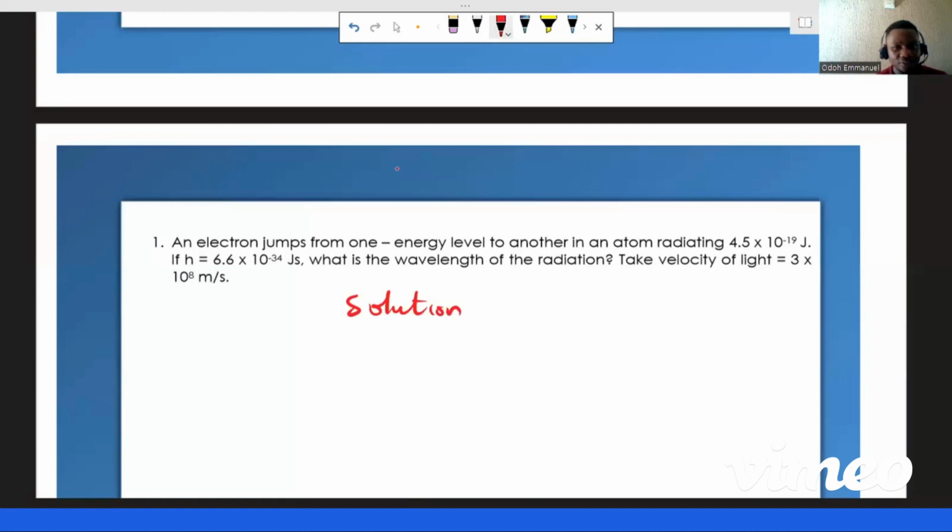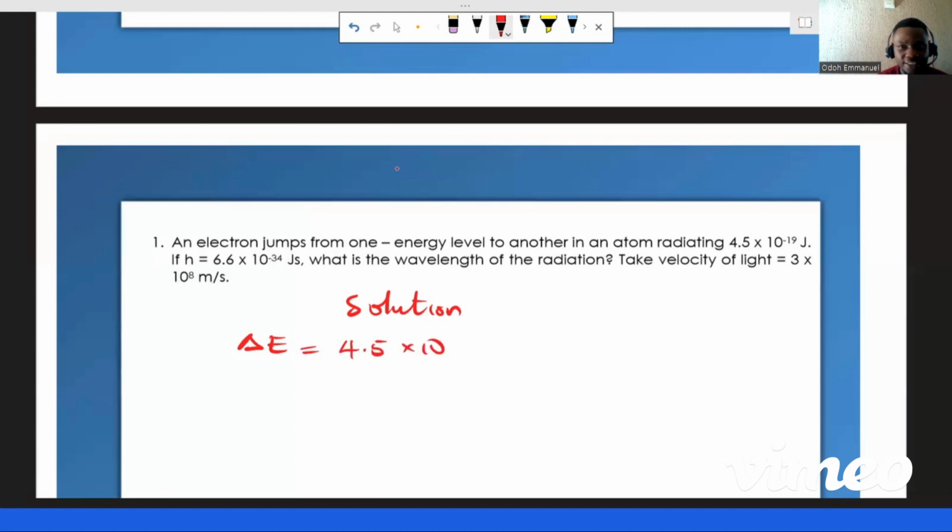Remember, you have to bring out your parameters well. Read the first sentence very well and understand it. It means the 4.5 times 10 to the power minus 19 is the energy difference.